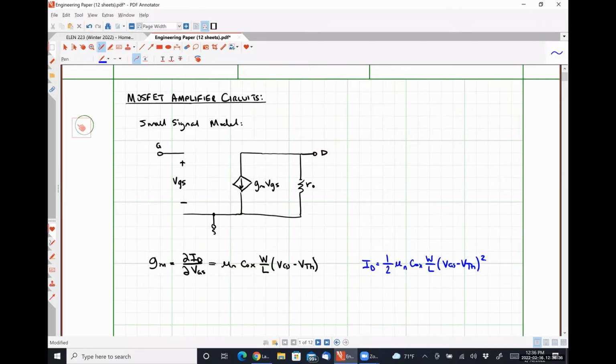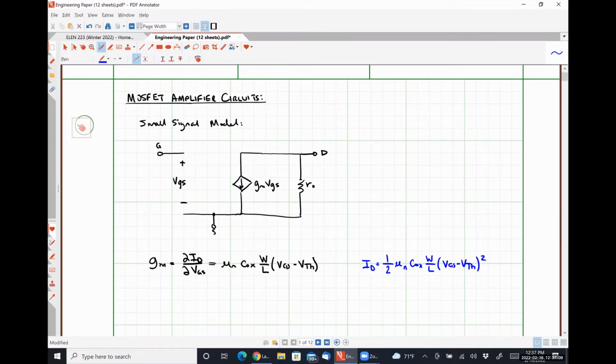We can use this relationship to come up with a couple of alternative expressions for transconductance that depend on effectively what information we're given. So this first classical definition of transconductance requires us to know what our DC operating point gate source voltage is. All of the other parameters are effectively constants and won't vary from design to design, but VGS is going to depend explicitly on the DC operating point.